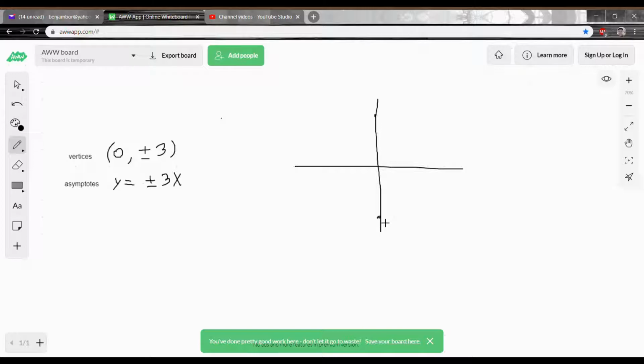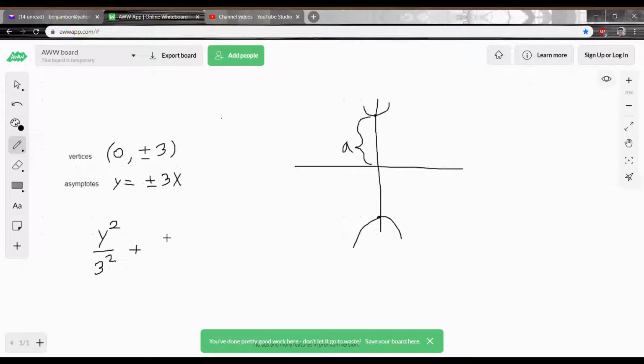That means this hyperbola is going to be opening this way, making this a vertical hyperbola, meaning y is our leading term. This y squared is our leading term. And our a is going to be the distance from the center to the vertex. This is a right here. That means a is 3. We're going to write 3 squared.